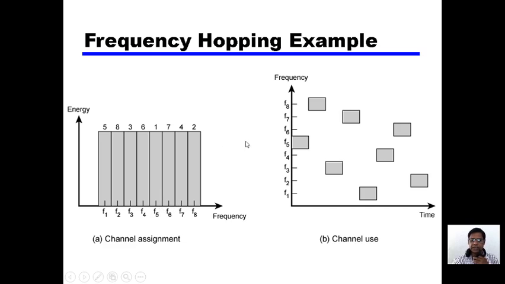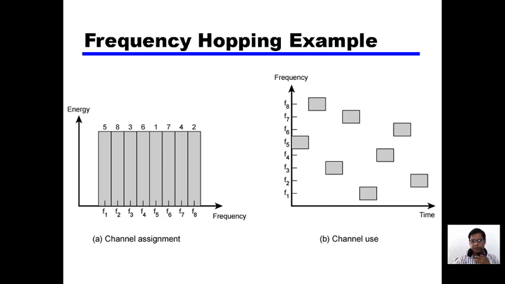F6 is 7 bits, so this is places 1, 2, 3, 4, 5, 6, 7. At the same time F7 is 4, and F8 is 2. The F8 frequency channel is transmitting 2 bits. That covers channel assignment and channel use, how the channels are formed.